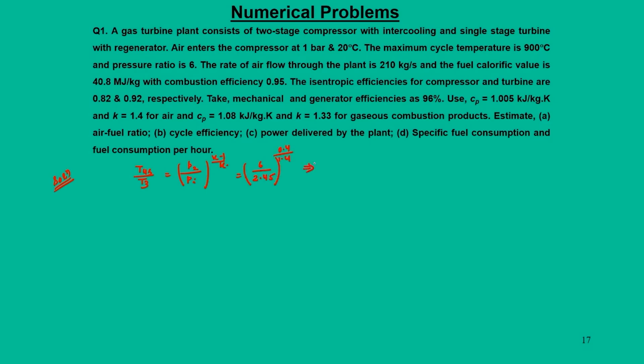So, this will give you T4S is equal to 378.5 Kelvin, and then (T4S minus T3) divided by (T4 minus T3), that is again 0.82, that is compressor efficiency.